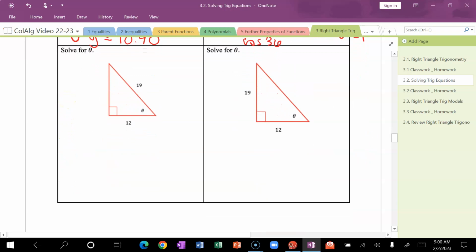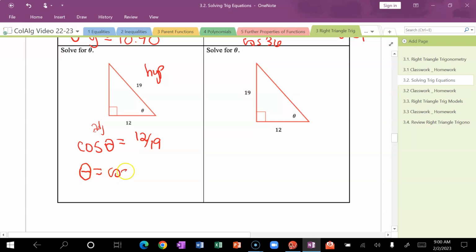Look at these triangles. Solve for angle theta. So looking at angle theta, the side 12 is the adjacent side. The side 19 is the hypotenuse. The trig function that deals with adjacent and hypotenuse is the cosine. So the cosine of theta is going to be equal to 12 over 19. Now I'm solving for the angle. Use your inverse trig function.